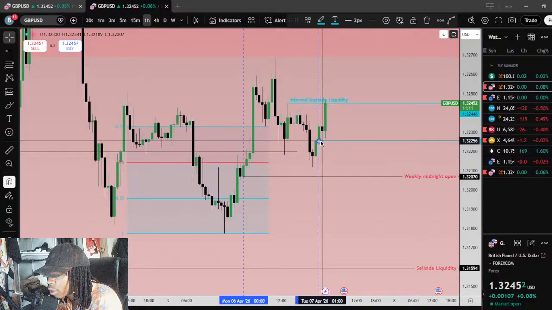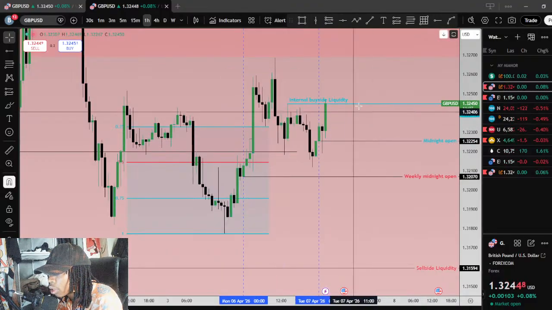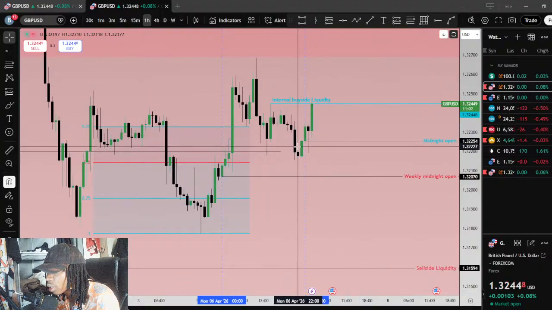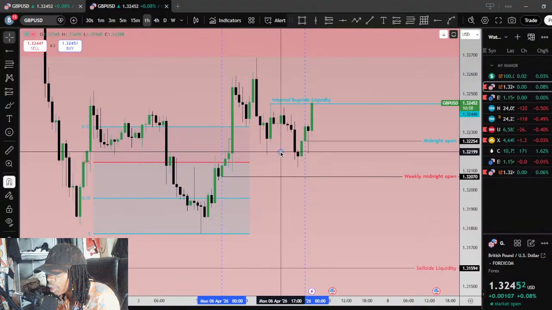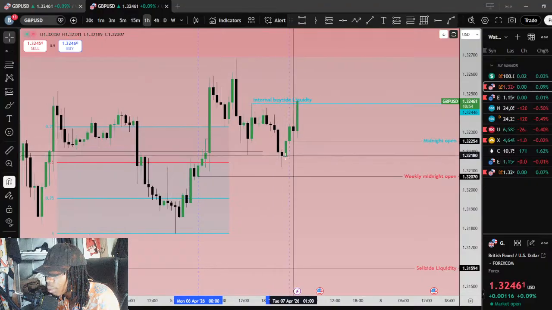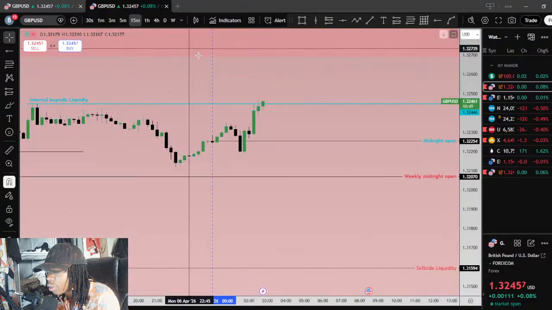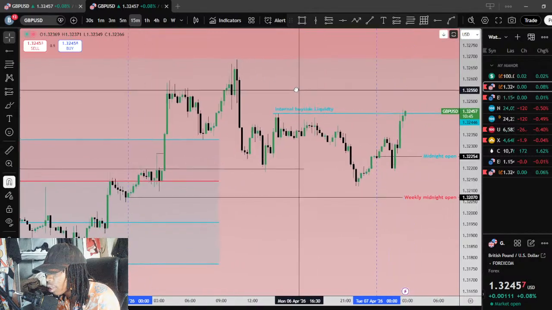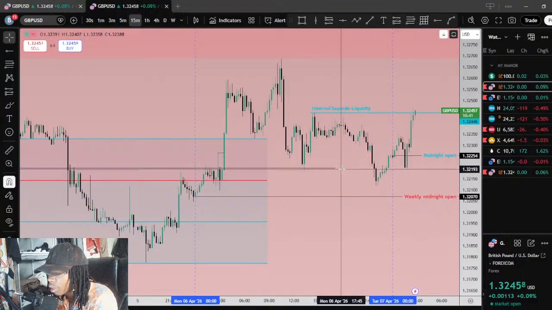You can see how we had an overnight session, Asian session, sweeping the low liquidity. This was yesterday's PM session liquidity. So I can say first target has been reached, has been tapped in.